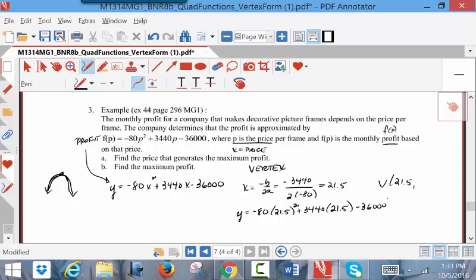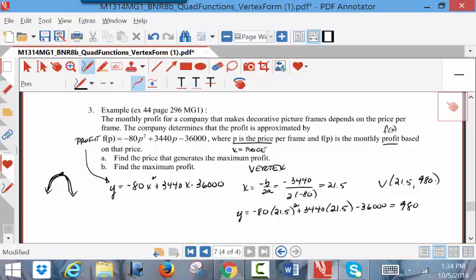Okay, so negative 80 times 21.5 squared plus 3440 times 21.5 minus 36,000. And I got 980. There is the maximum point, which is the vertex, when I graph that function.